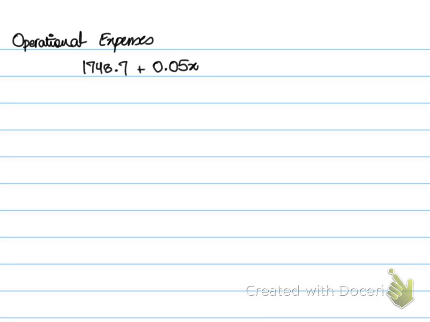This is your bonus. So basically 2112, the gross profit, minus this and minus 10 for the interest, will give you X.